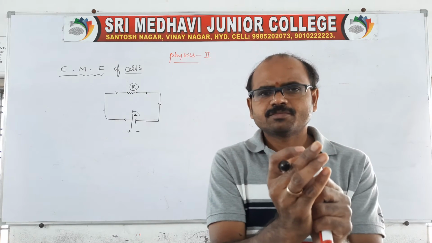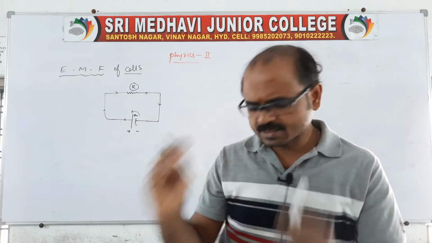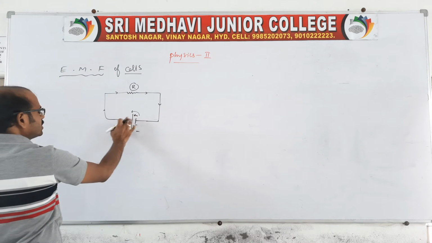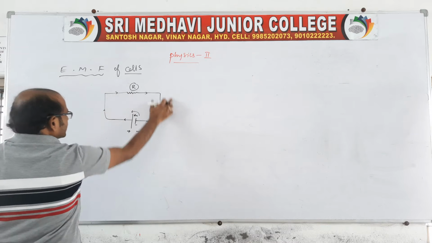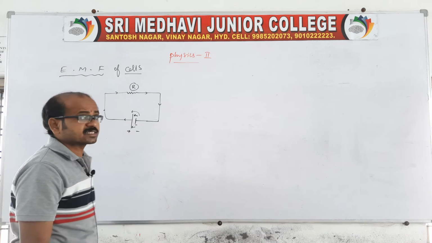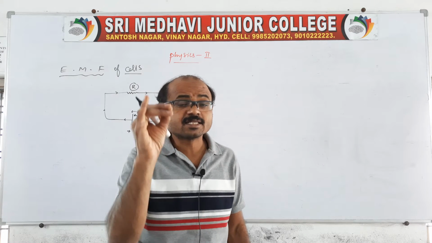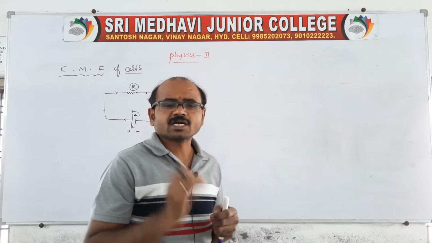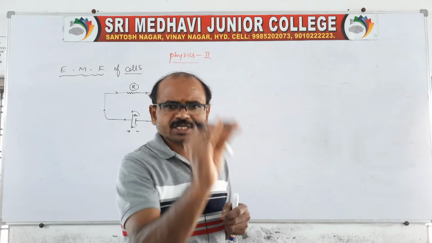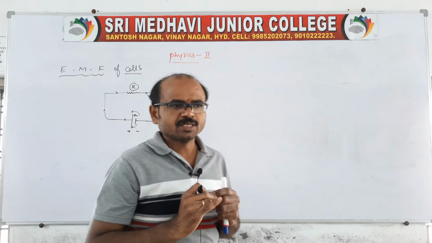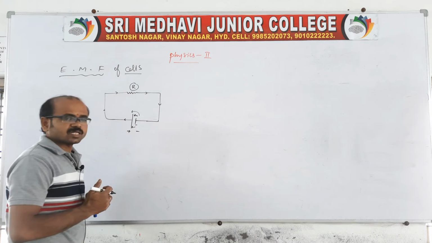In the complete circuit, this part is the external circuit and this part is the internal circuit. Here the charge moves from positive to negative as usual, and the charge also moves from lower to higher potential inside the cell. Therefore work is done to drive the charge throughout the complete circuit, including the internal circuit, that is, from lower to higher potential also.